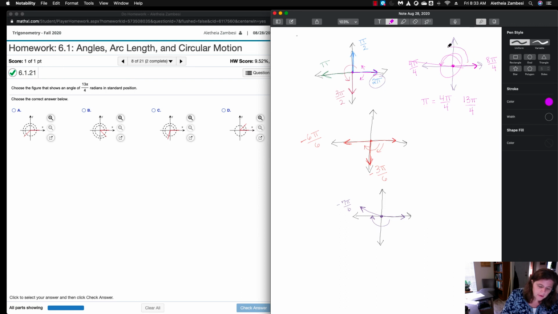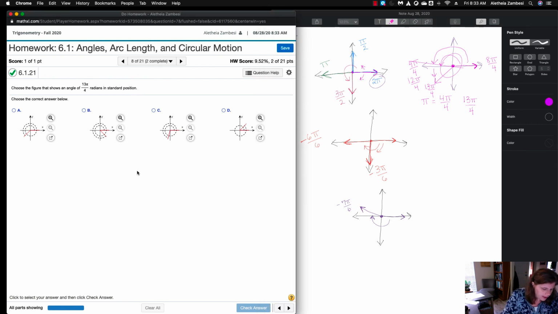Continue moving on, if we add another 4, we're at 12 pi over 4. Now what I'm looking for is 13 pi over 4, so I'm going to continue just another little bit, and we get 13 pi over 4. So I'm looking for one that goes through one full revolution and then another little bit more than half.